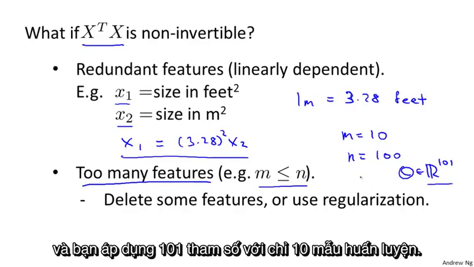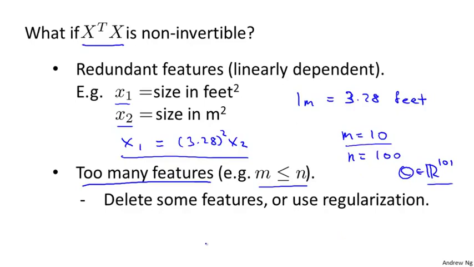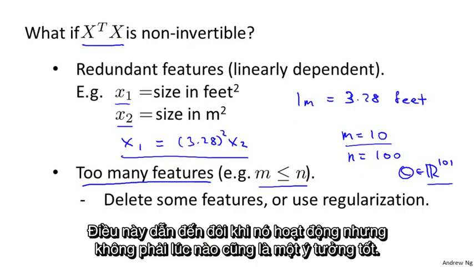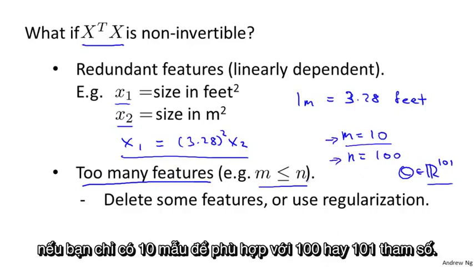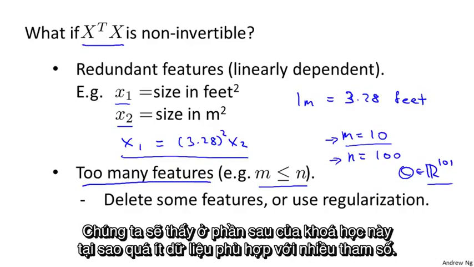You're trying to fit 101 parameters from just 10 training examples. This turns out to sometimes work, but not always be a good idea, because as we'll see later, you might not have enough data if you have only 10 examples to fit 100 or 101 parameters. We'll see later in this course why this might be too little data to fit this many parameters.